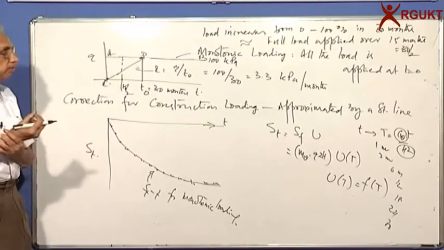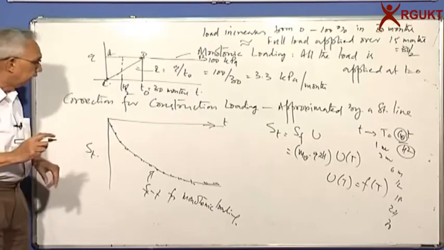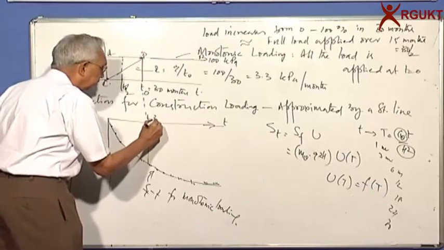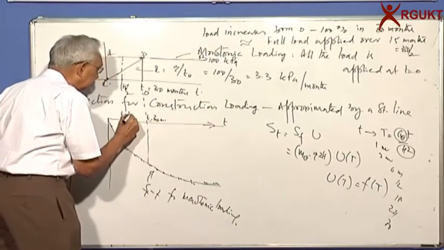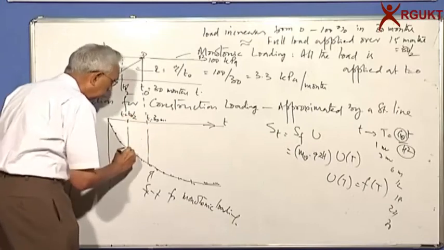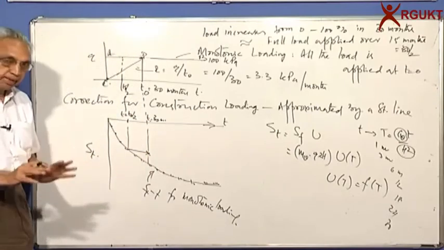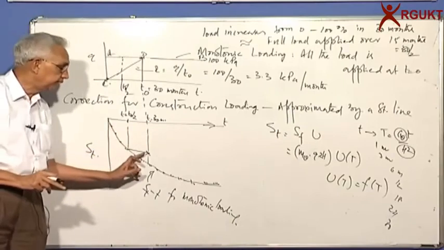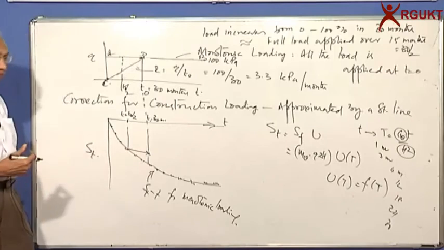As engineers, we always approximate so that we get a simple solution. So what if I want to find out settlement at t equal to 30 months? I'll find out settlement at t equal to t0 by 2, and that I transfer here. Whatever settlement occurs in half the time of construction will be the settlement at the end of construction due to gradual application of load.